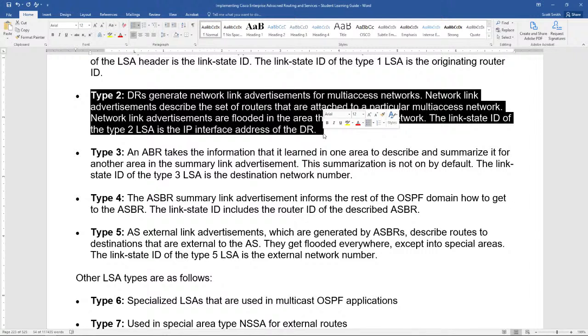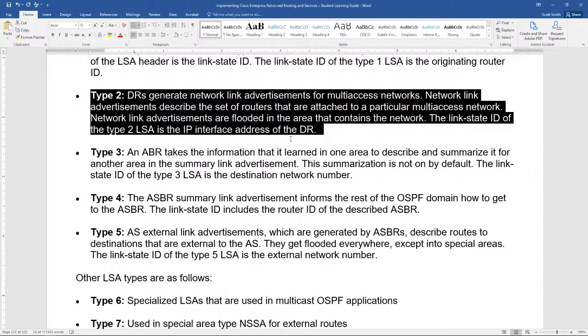It's the one router that forms a full adjacency with all the other routers within that multi-access segment, and the responsibility of the DR is to disseminate routing changes or topology change information within that particular multi-access segment. So these are called network LSAs. Type 2 LSAs are called network LSAs. They are generated by DRs.